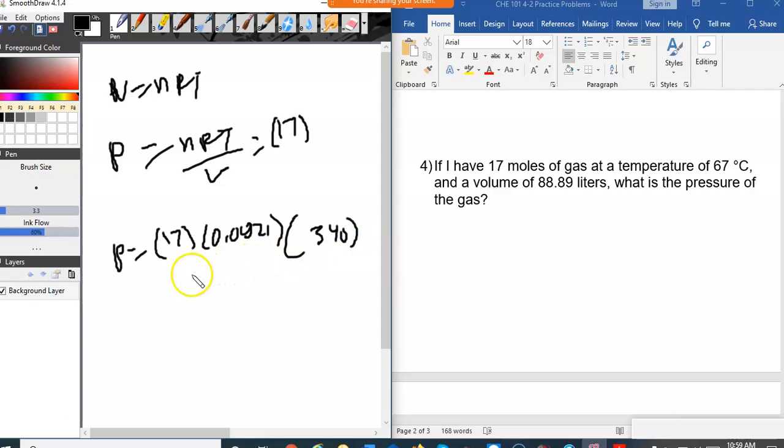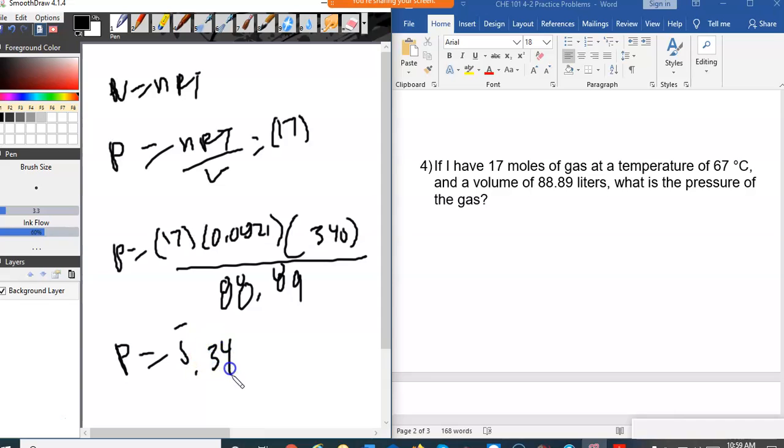Yep. And then 88.89 liters on the bottom. So 17 times 0.0821 times 340, all divided by 88.89. And so your pressure, this is going to be in atmospheres, is 5.34 atmospheres.